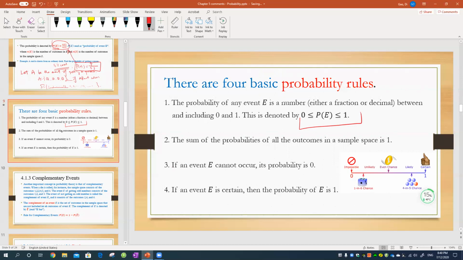So if your calculation for probability is more than 1, that's definitely wrong, because this is the basic rule. We only look at no chance at all, which is impossible, 0% chance, or a very certain 100% chance, or something in between. And the second one, the sum of the probabilities of all outcomes in a sample space is 1.